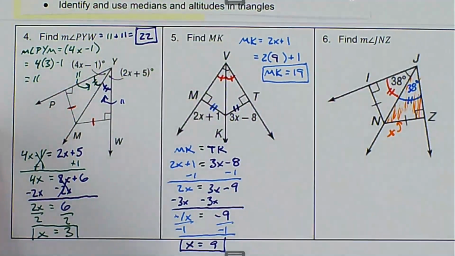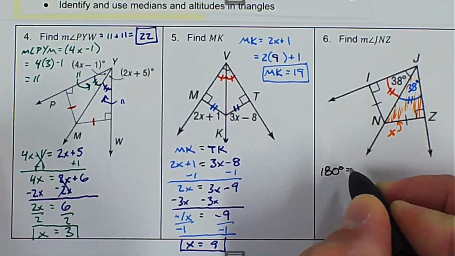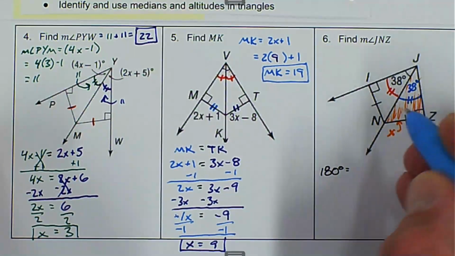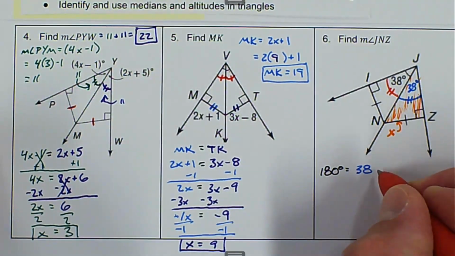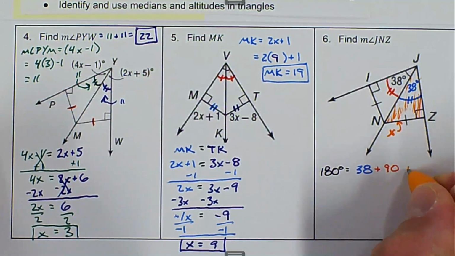So we can say 180 degrees is equal to 38 plus 90 plus x.